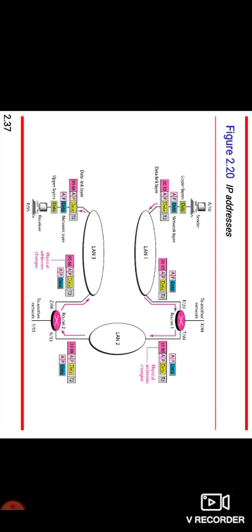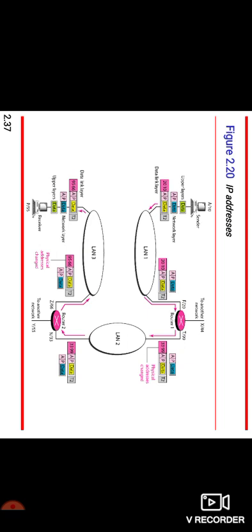So the physical address changes at each router, whereas the logical address remains the same. When it moves from one network to another, the physical address changes, but the logical address remains the same.